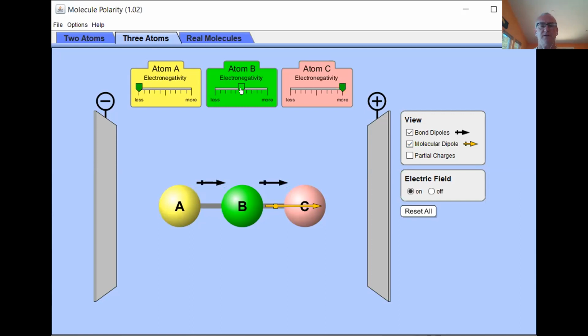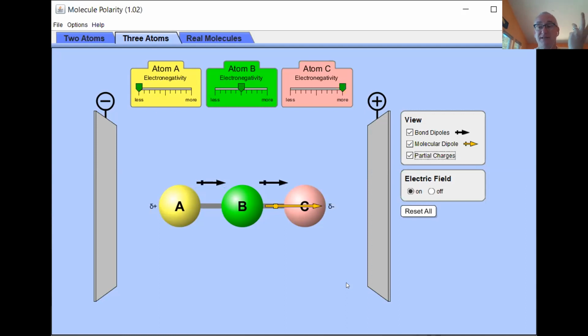Because let's look at the partial charges. A has a positive partial charge, and C has a negative partial charge. So it is not symmetrical. Or symmetry is gone because one is positive. Now I have a positive side and a negative side.